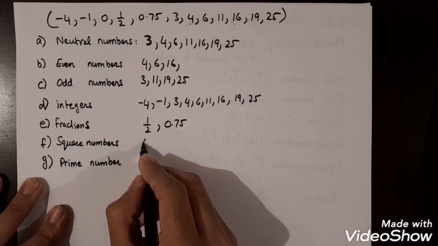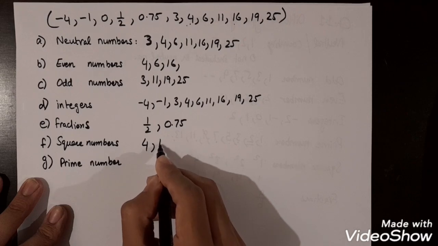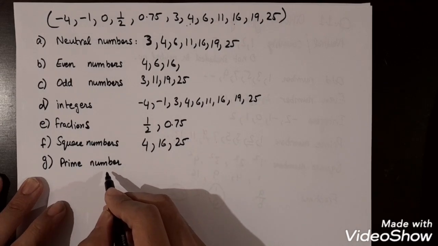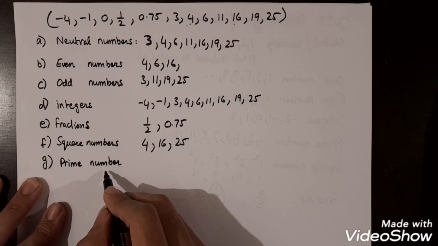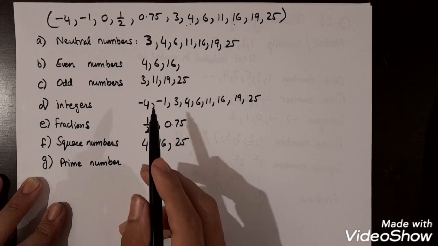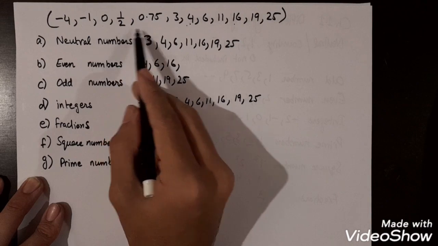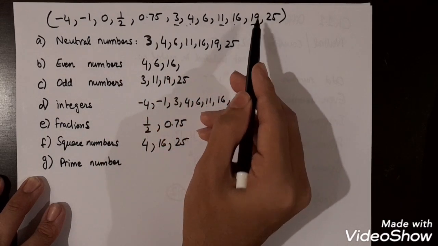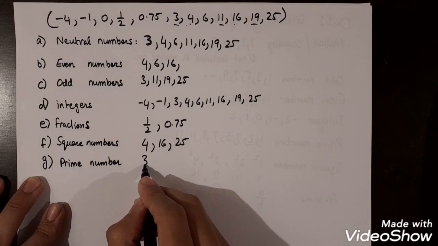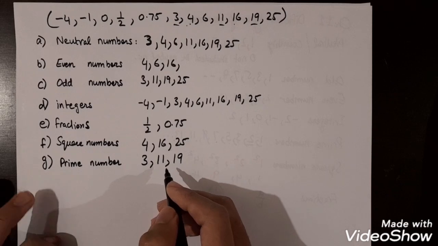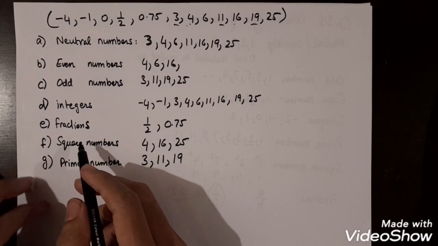Then prime numbers are whole numbers greater than 1 which have two factors, itself and 1. So over here it is 3, 11, and 19. So this is a sample question for what I explained previously.